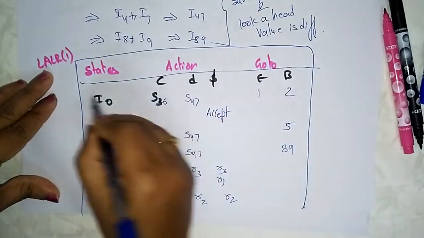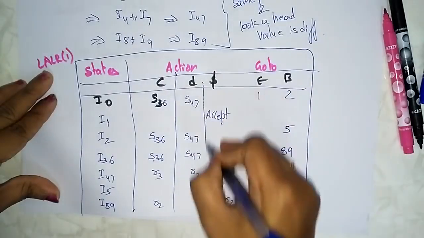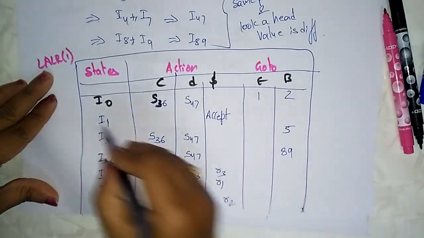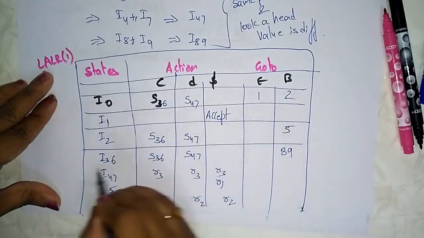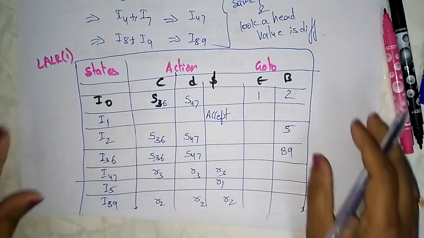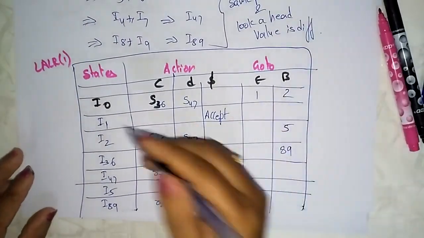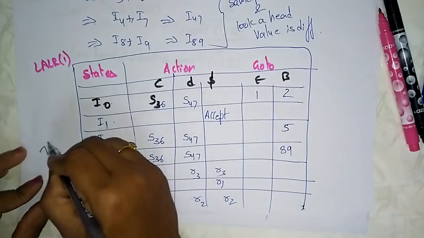So did you observe the CLR table and LALR table? The LALR table has limited states, whereas CLR has more states. So in total there are 10 states in CLR, but in LALR 1, 2, 3, 4, 5, 6, 7 states are there.